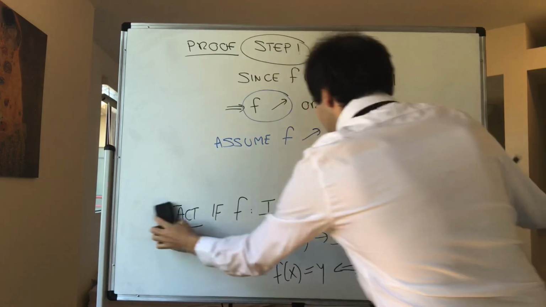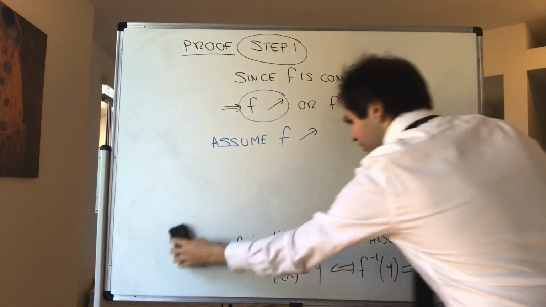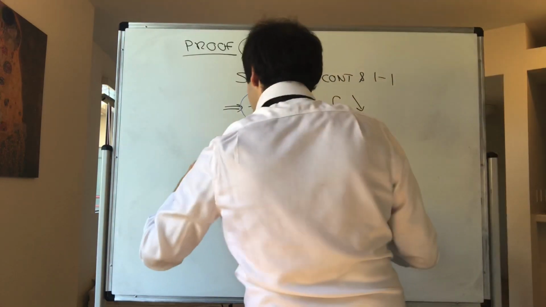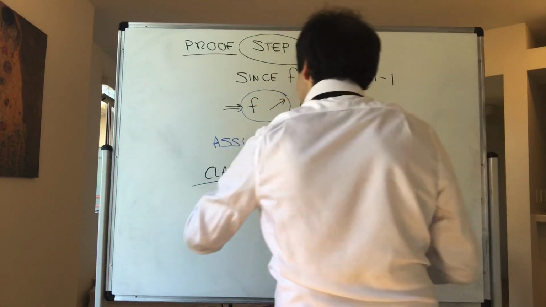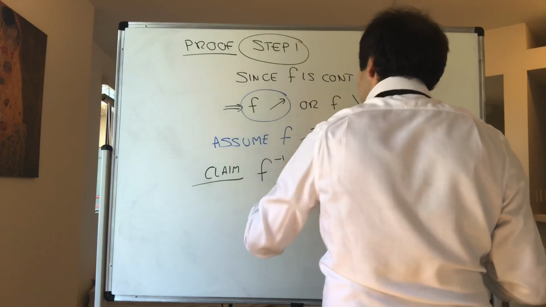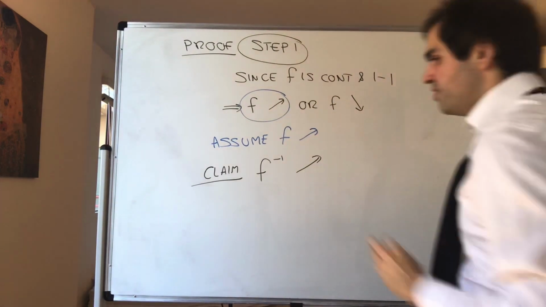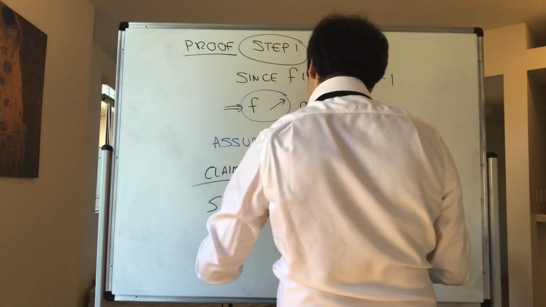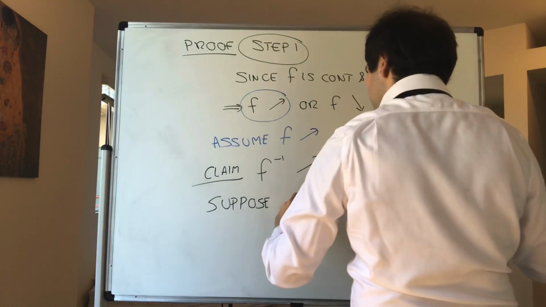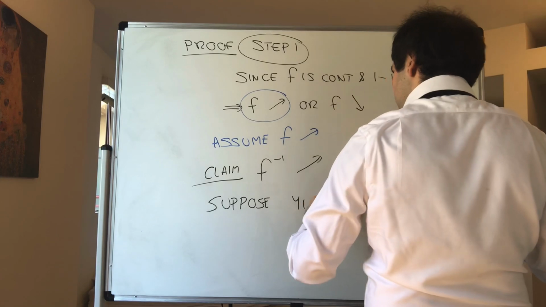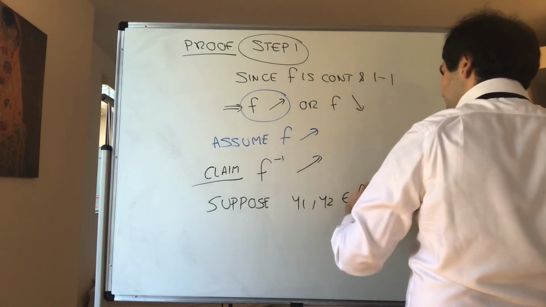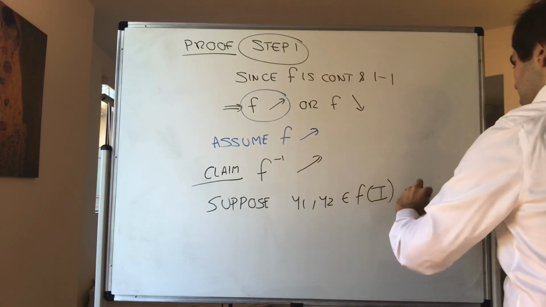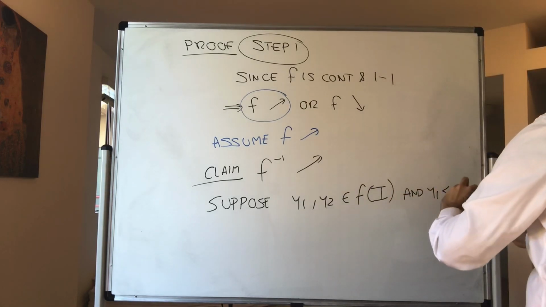And let's prove that. Claim: and we'll need this somewhere at the end actually, f inverse is also increasing. For this, suppose y1 and y2 are in f of I, so are in the domain of f inverse, and y1 is less than y2.